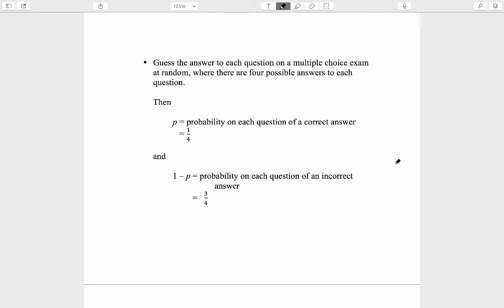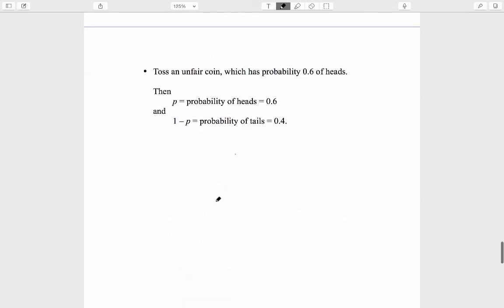Just now we looked at guessing the answer to each question on a multiple choice exam, where there are 4 possible answers to each question. Since there are 4 possible answers to each question, the probability of guessing correctly is 1/4, and we think of each individual question as 1 Bernoulli trial. The probability of success is 1/4, and the probability of failure is 3/4 on each trial. The exam as a whole consisted of 15 independent Bernoulli trials.